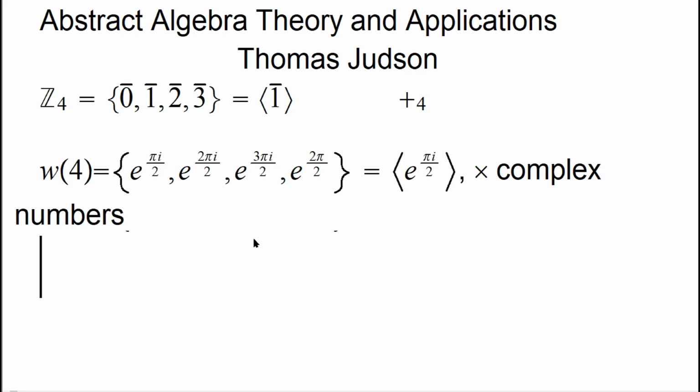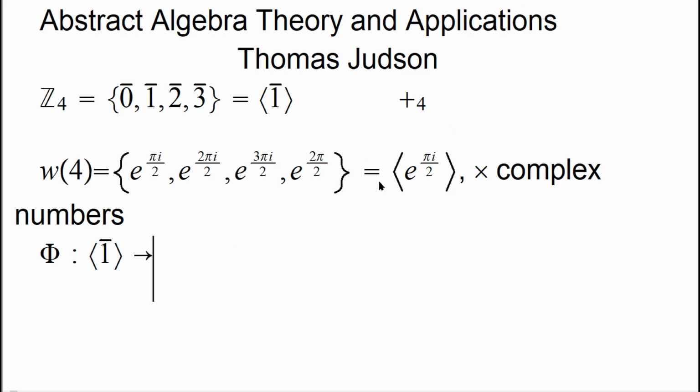So we can take a map, let's call it phi, from Z4 to the fourth roots of unity. We know it will still have 4 elements.